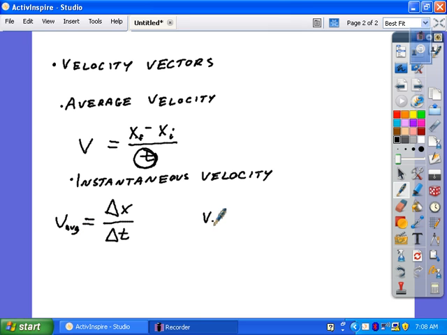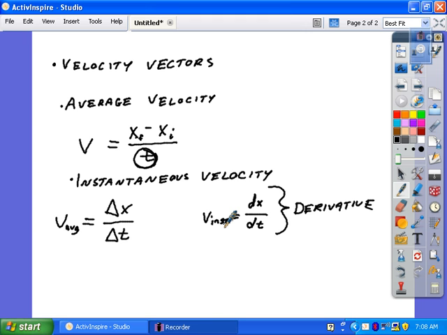Now what we have is dx over dt. Now, dx over dt is a derivative. The neat thing is, if you know the basic equation for the position vector, you can figure out what the instantaneous velocity is at any given moment just by solving with the derivative.